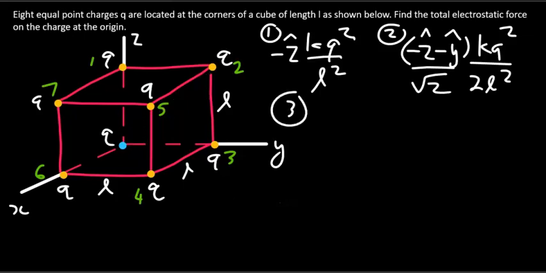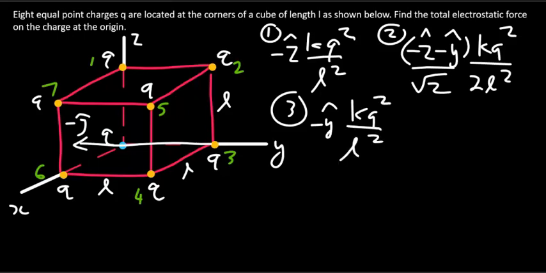Now charge number 3. Number 3 is situated on the y-axis, so it would repel the charge at the origin in the minus y hat direction. So the expression for that contribution is minus y hat kq squared over the distance between them, which is L, so the square is L squared. Now let's look at charge number 4. Charge number 4 would repel q at the origin along that diagonal direction situated on the xy plane.